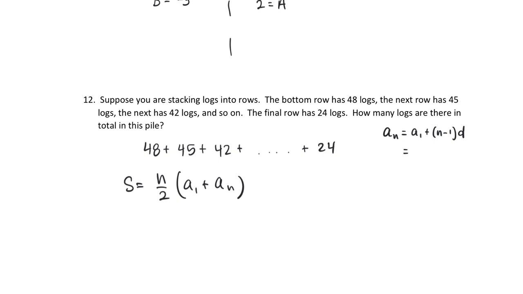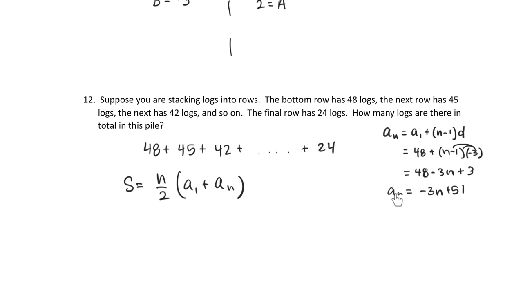So first term is 48 plus n minus 1 times -3. So if that -3 is distributed, we have -3n plus 3. So now we need to figure out the n value for this final term, 24.